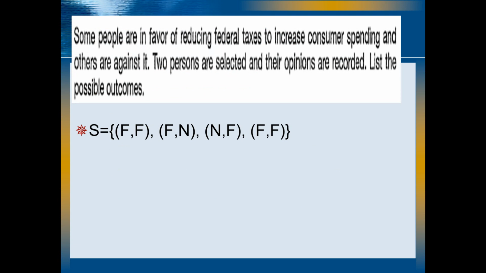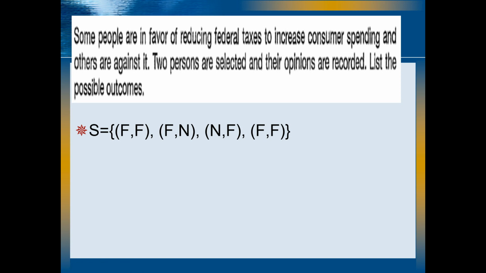Okay, so as I said, we are going to do different practice questions in this lecture. So let's say this is a question where we'll be constructing the sample space. We know that some people are in favor of reducing federal taxes to increase consumer spending. That is, there are some economists or researchers who would say that if you reduce the federal taxes, it's going to increase spending.